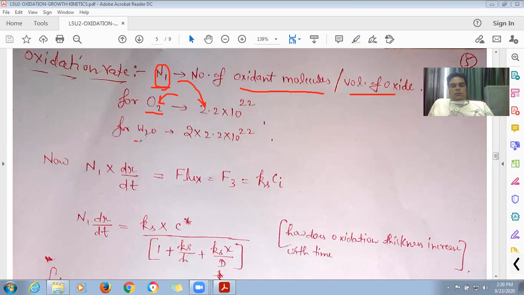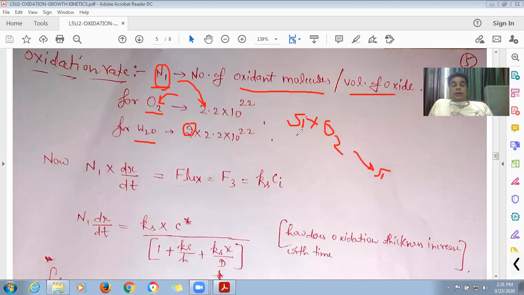If the oxidant is water, H2O molecules, then N1, the number of water molecules, will be simply double, because silicon reacts with one molecule of oxygen to get silicon dioxide.